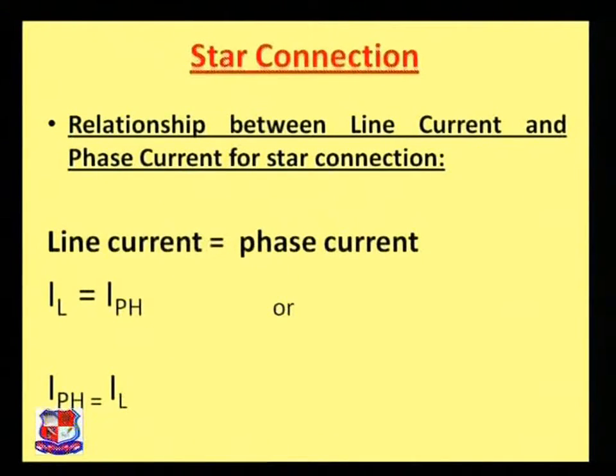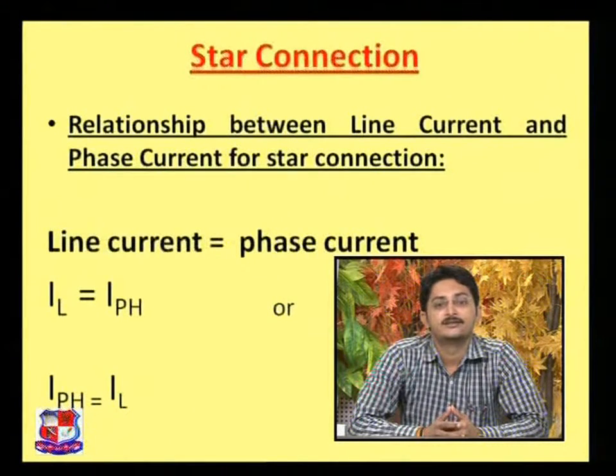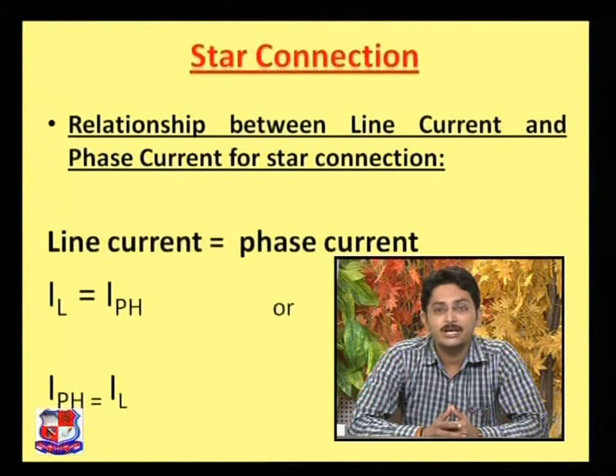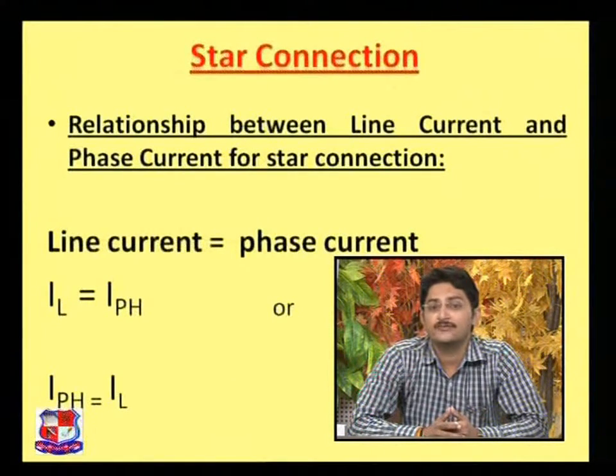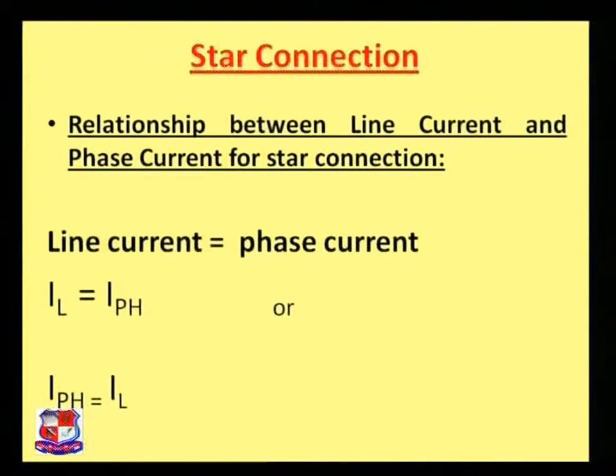Now next, the relationship between the line current and the phase current for a star connection. Friends, whatever your line current in a star connection, that becomes your phase current. So it means that IL is your line current and IPH is your phase current. So your IL becomes your IPH in a star connection.